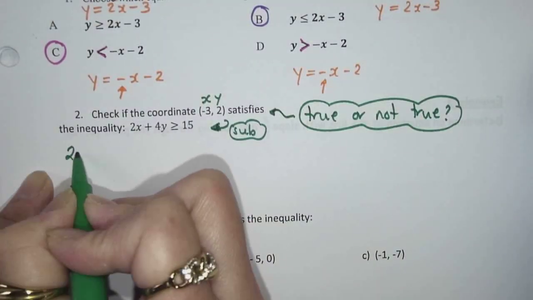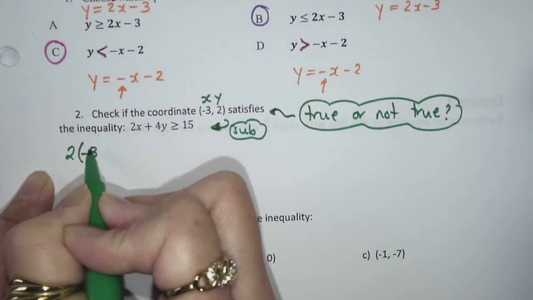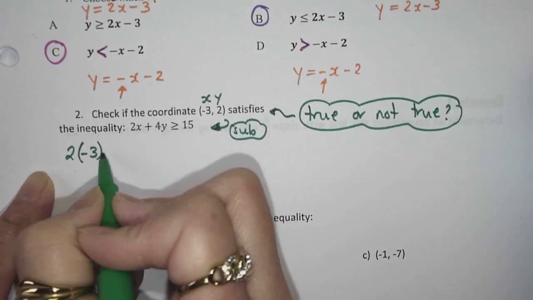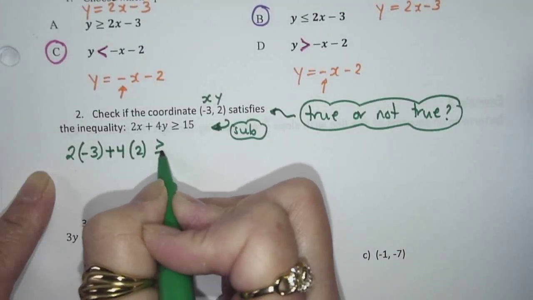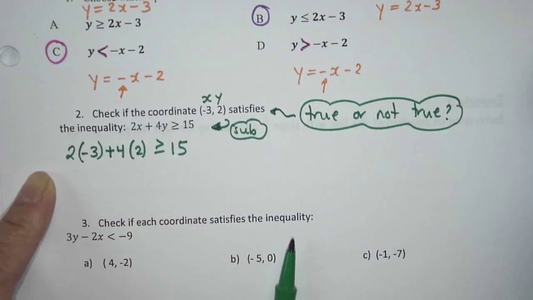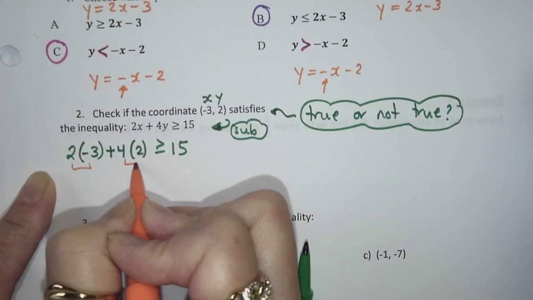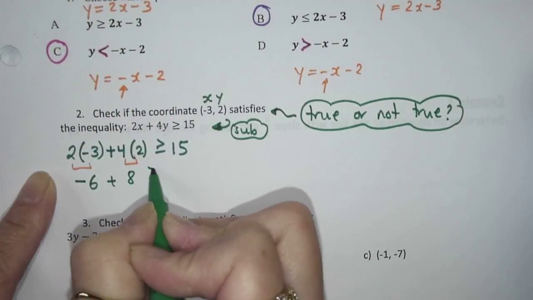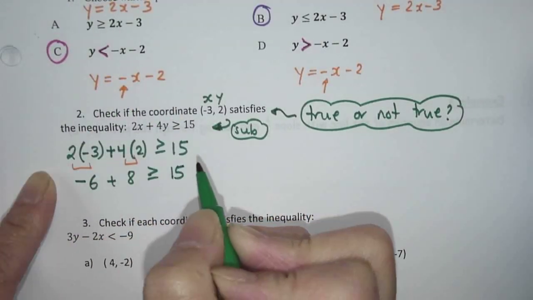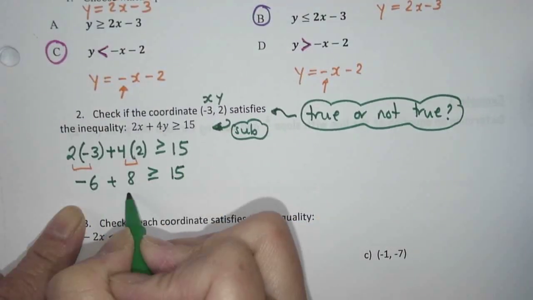So we're going to go 2 times the negative 3, using brackets to represent times, and 4 times the 2. Order of operations says to do these first. We get negative 6 plus 8 is greater than or equal to 15. Negative 6 plus 8 is 2.